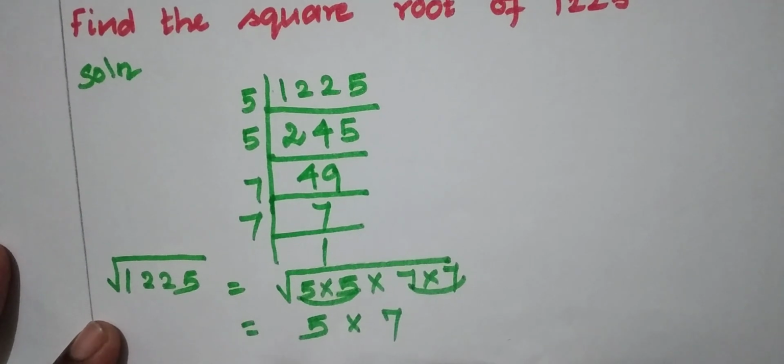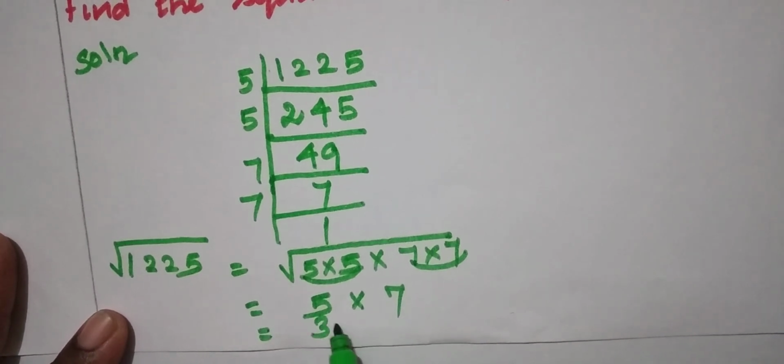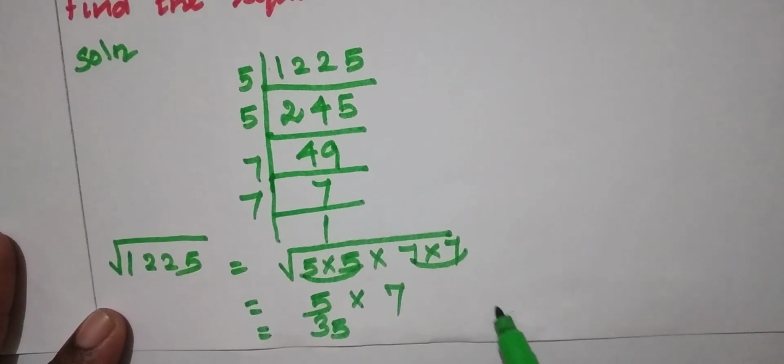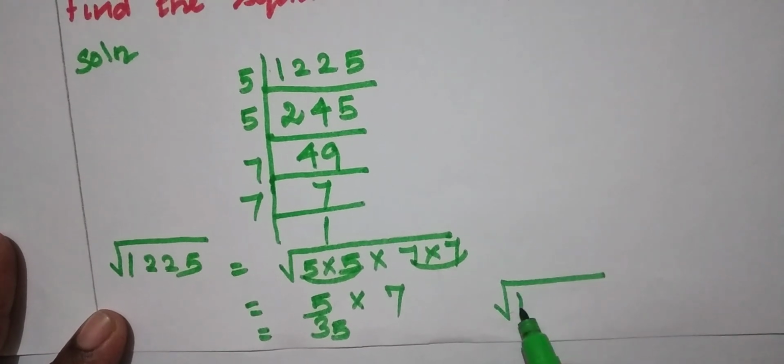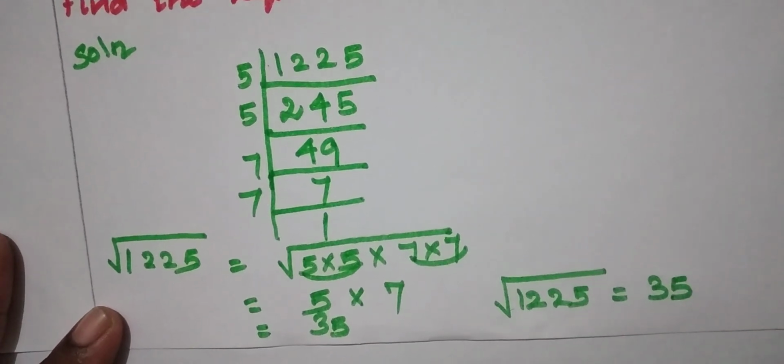What's the value of 5 into 7? Yes, which is equal to 35. 5 sevens are 35. So the answer is root 1225 is equal to 35. Can you understand, children? Yes.